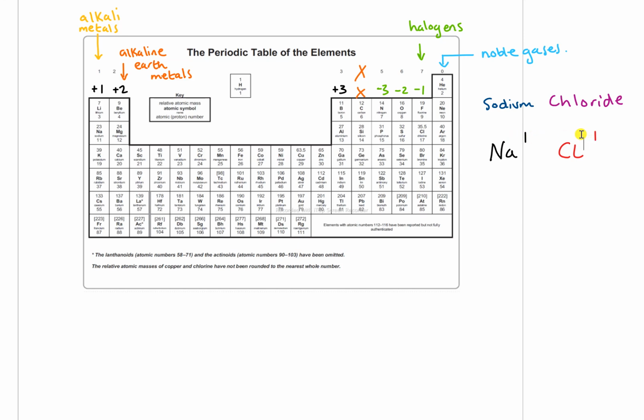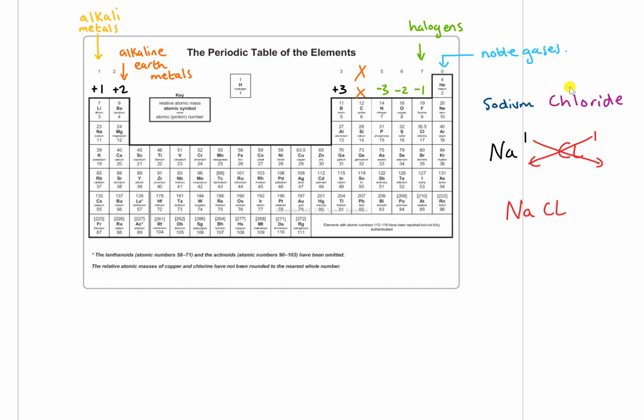Now, because these two numbers are both 1, I can ignore them. So my chemical formula for sodium chloride is NaCl. Because that goes down there, that goes down there. It becomes Na1Cl1, but we do not have to write the 1s. Bye-bye.